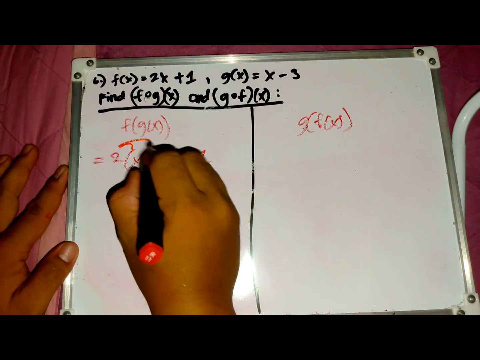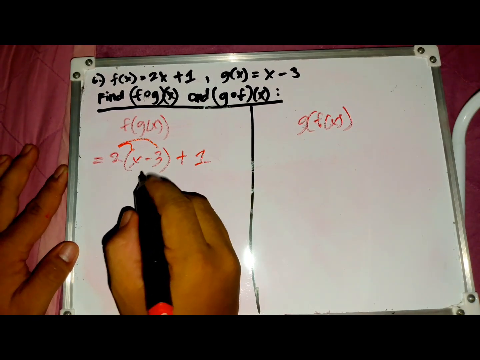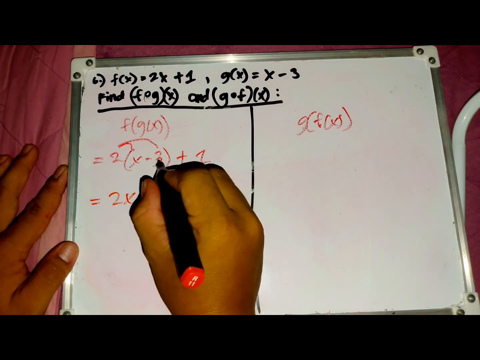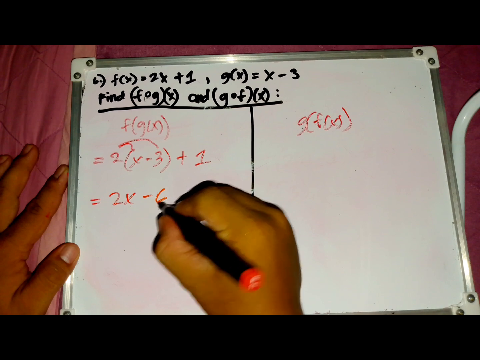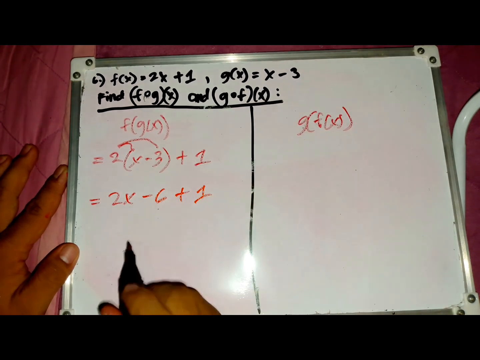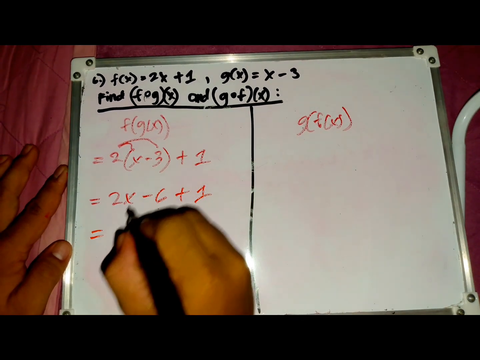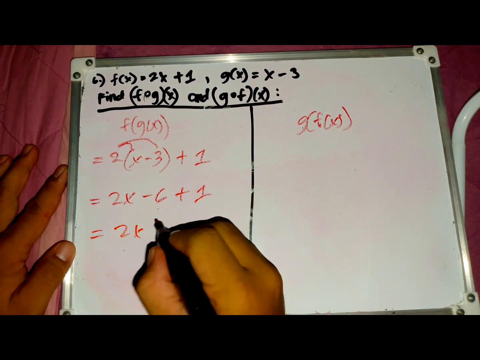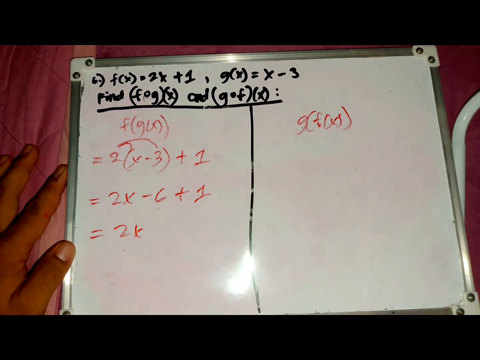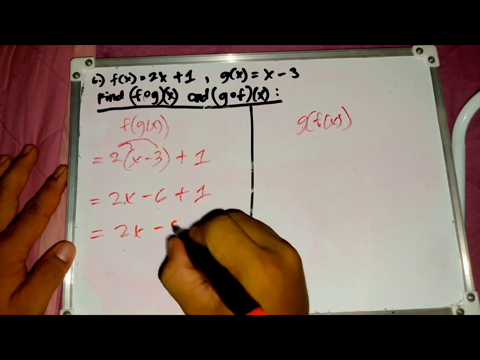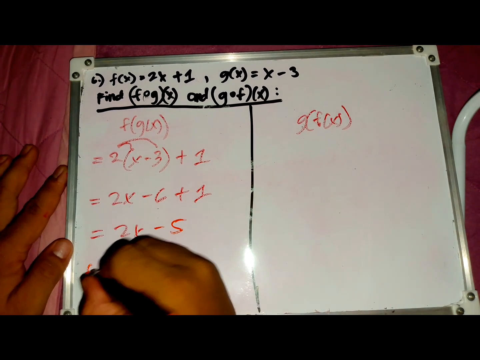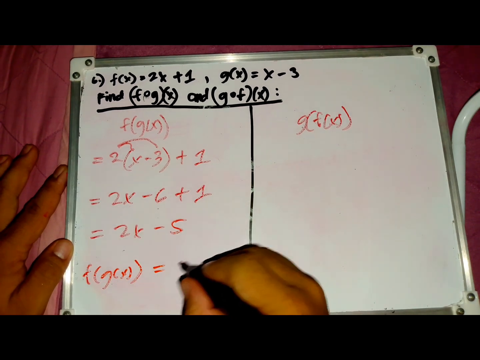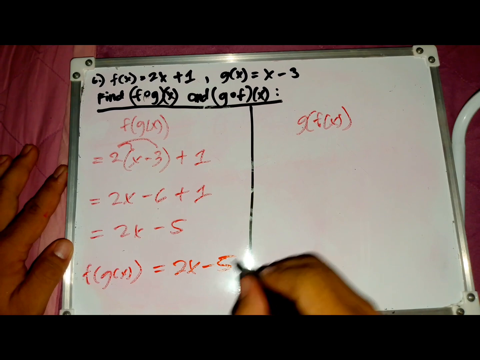Then we multiply: 2x, 2 times negative 3 is negative 6, plus 1. Simplify, combine like terms: 2x, negative 6 plus 1 is negative 5. So the value of our f of g of x is equal to 2x minus 5.